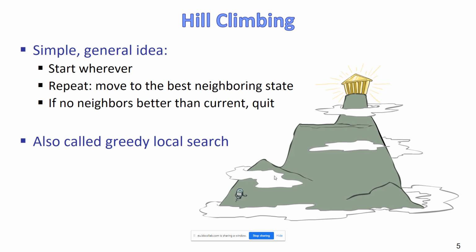Of course, that decision might not be the best you can ever do, because it might not get you actually to the top of the hill, but that's why it's called local search. It's good for you only locally, and you hope that this local decision will lead to the best global decision. This idea is also called greedy local search. Again, greedy because it's like looking at your feet only. You just look at your local neighborhood.